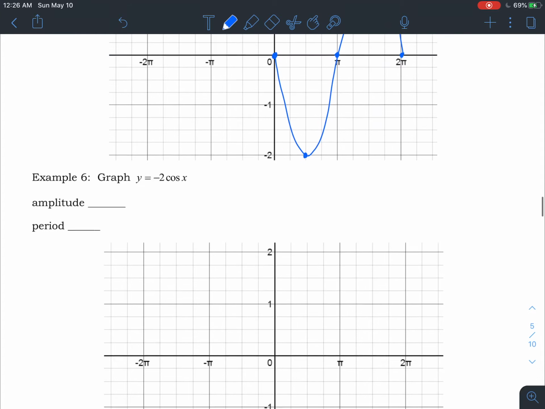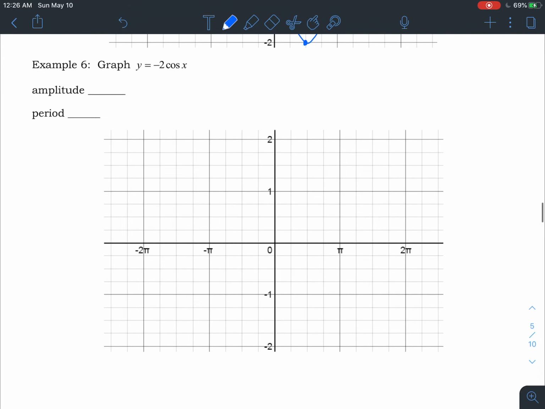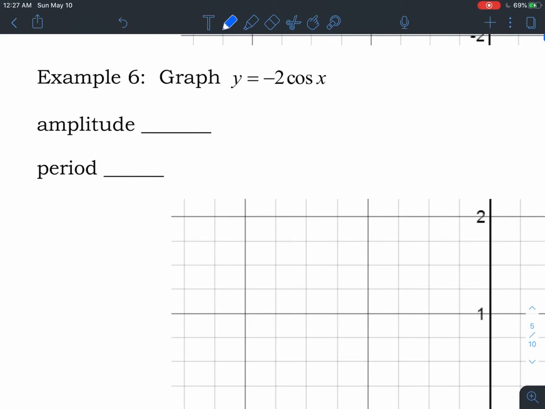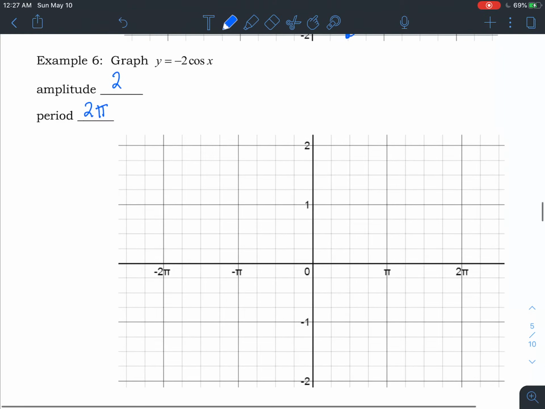And that's it. Now cosine is a little bit different because a negative on the outside actually does something different than on the inside. So a negative 2 cosine of x, amplitude is still 2. My inside doesn't have anything adjusted, so my period is still 2 pi.